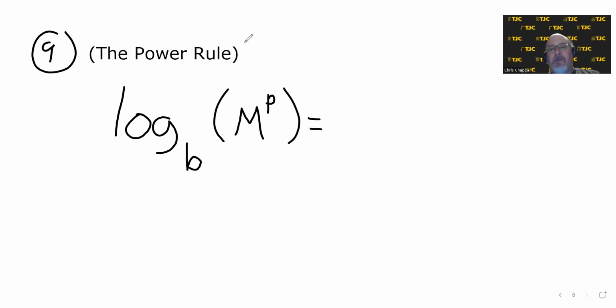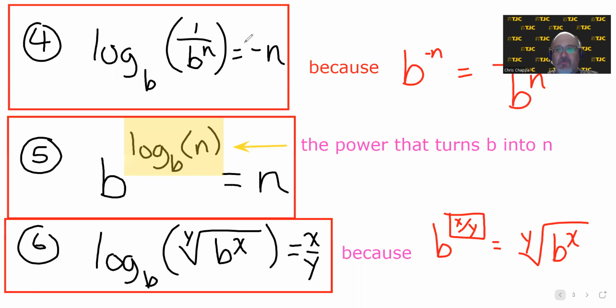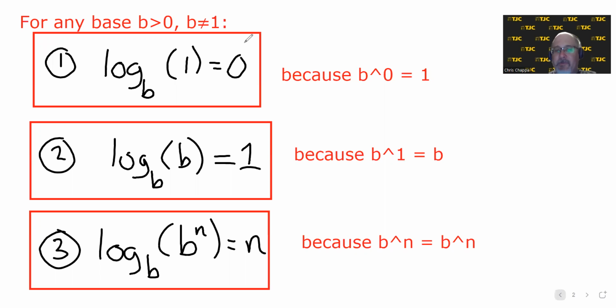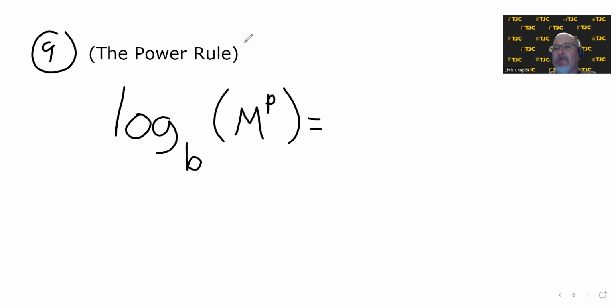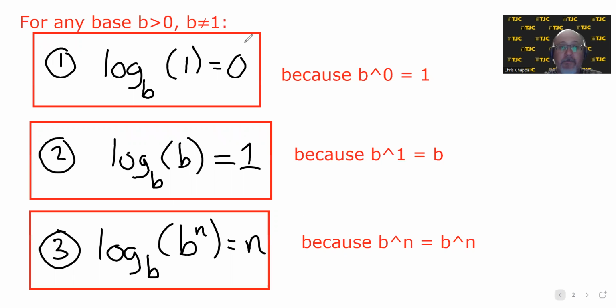Now be careful. This is not the same setup as rule 3. Do you see the difference between the setup for rule 3, besides the letters being used, and the power rule? It's subtle, but super important. In rule 3, the base of the logarithm and the base of the argument are the same. Those two things matched.